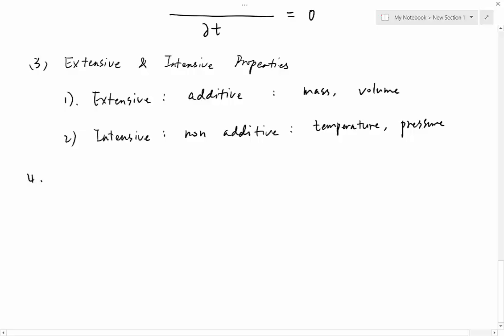Okay, what are the common properties we're going to use? Measuring properties. Before we go to that, we need to clarify the units we use in this class. In this class, we stick to SI units because SI units are usually the easiest ones to use. So for mass, the unit we're going to use is kilogram.